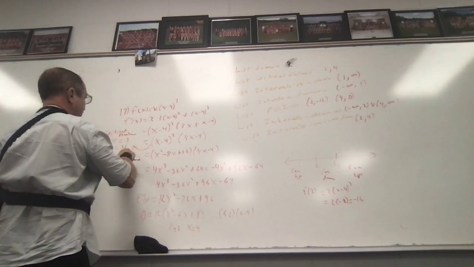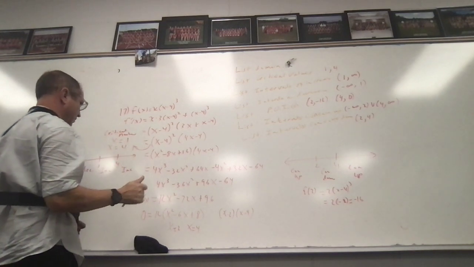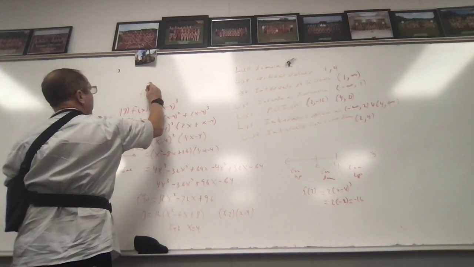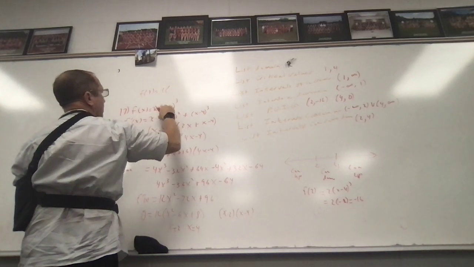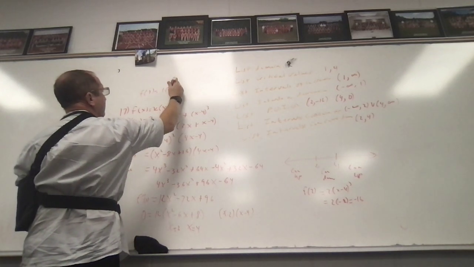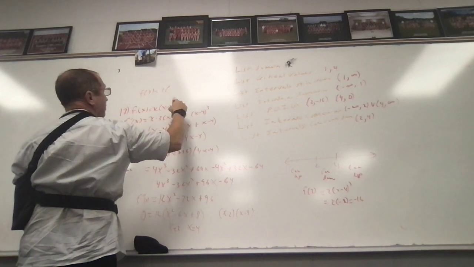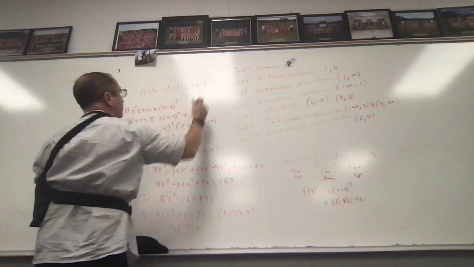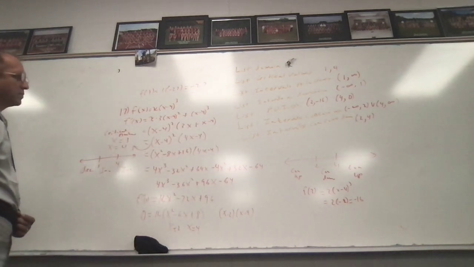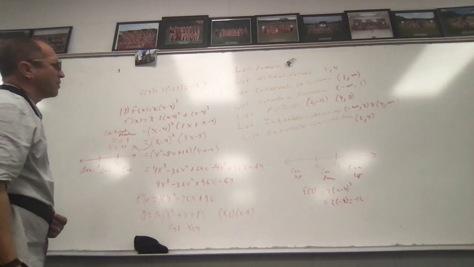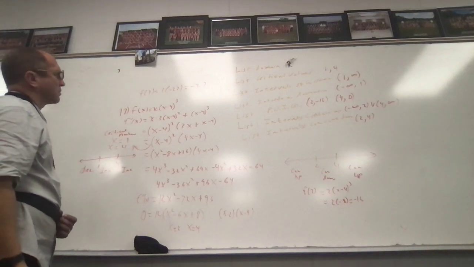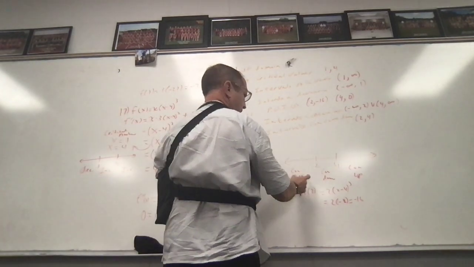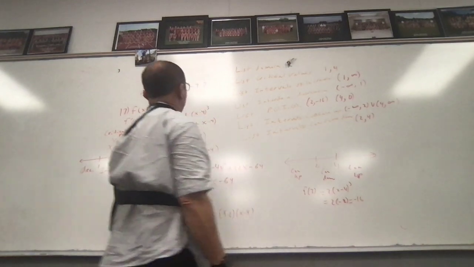I already know what f of 4 is, but what would f of 1 be? Well, f of 1 is 1 times 1 minus 4 cubed, which would be negative 27, after I cube it. So that's going to be another point on my graph. That's going to be my extreme value. 1 is in an interval that is concave up, so we know that that's going to be a minimum value.